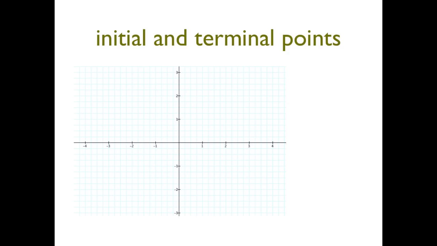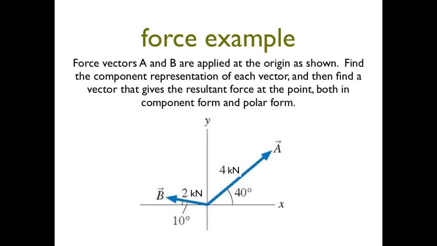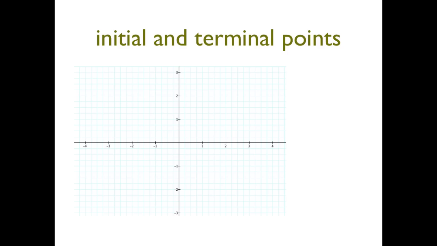All right, so initial and terminal points. So if point P was 1, 2, and point Q was 4, 1.